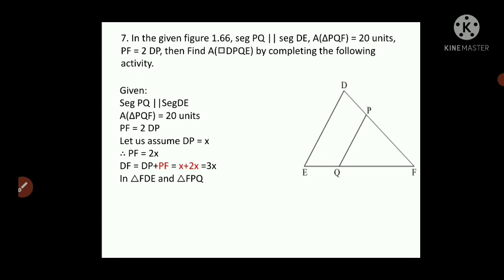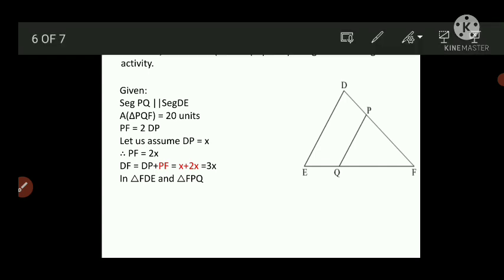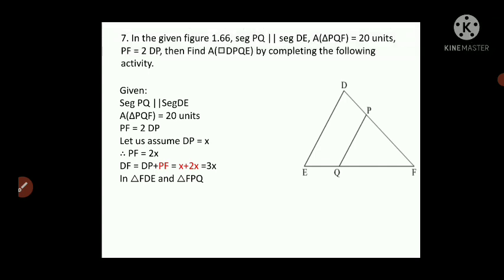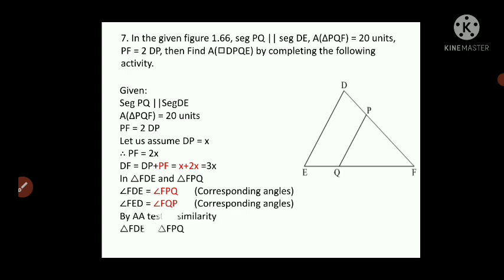Angle FDE is equal to angle FPQ, corresponding angles. Also angle FED is equal to angle FQP, since they are corresponding angles, because DE and PQ are parallel. So by the AA test, with these two angles, I can say that both triangles are similar.